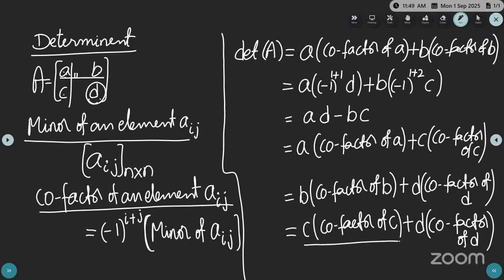Here I am considering first row, here first column, this is second column, this is second row. Any row or any column elements multiplied with its corresponding cofactors, all those products summed together gives you the determinant.